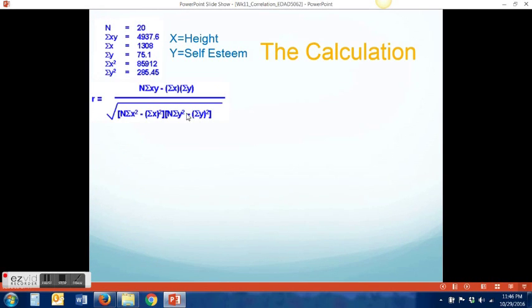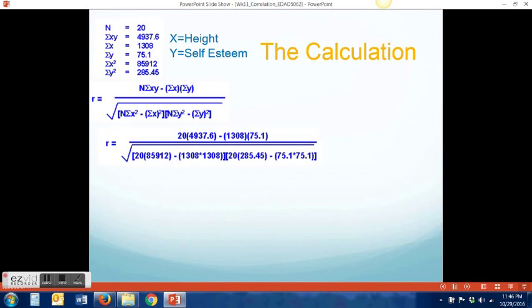Okay, so let's walk through this calculation. So again, our x value is height. Our y value is self-esteem. Here's all the calculations that came from the last page. Here's our formula. Let's follow along.